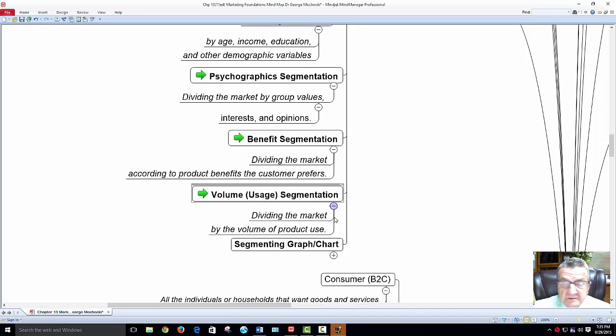Volume usage, I could always say that's what Costco and Sam's do. The more you buy, the economies of scale, I could reduce the price by the volume, or I could look at the market. I may have a little store, but do I expand to a larger store? Colleges do the same thing. When they have their extension site, they're small, offering a variety of classes, a community college. I teach at community colleges, so I understand how they're doing.